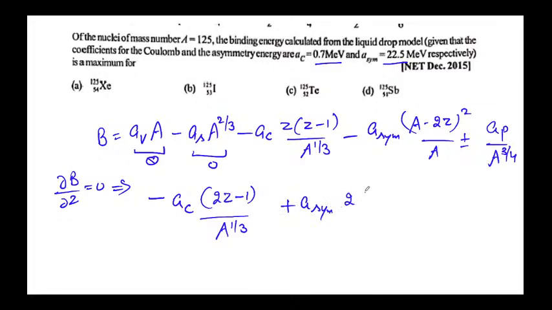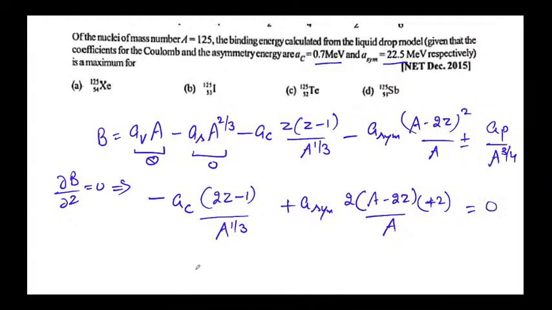So this comes out to be 2(A minus 2Z) over A. Minus and minus gives plus, times 2, equal to 0.